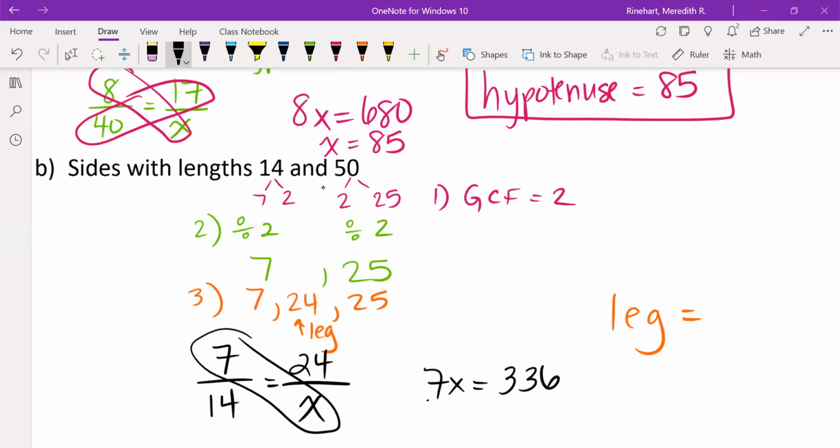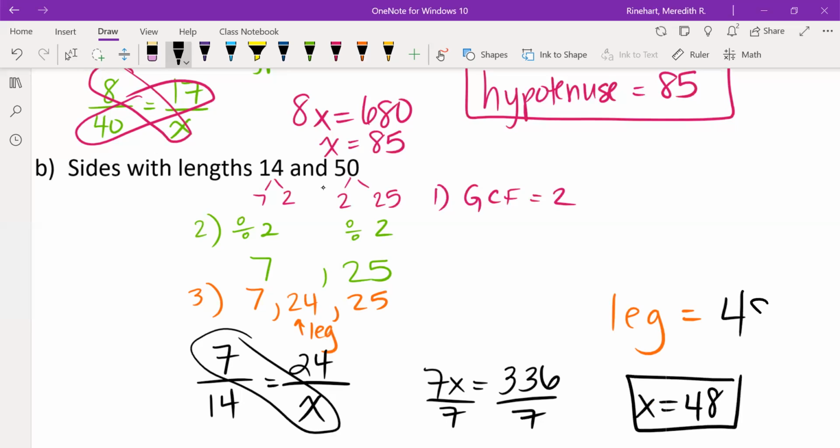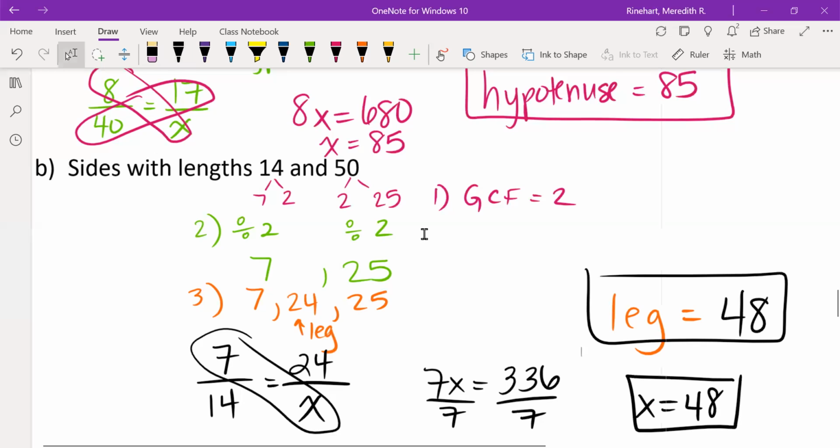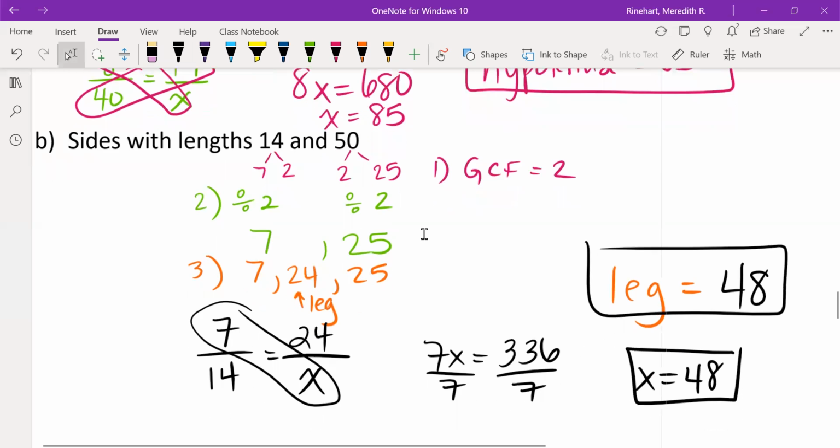Divide both sides by 7, and you get x equals 48. So our leg here is 48. And that is it for determining Pythagorean triples.